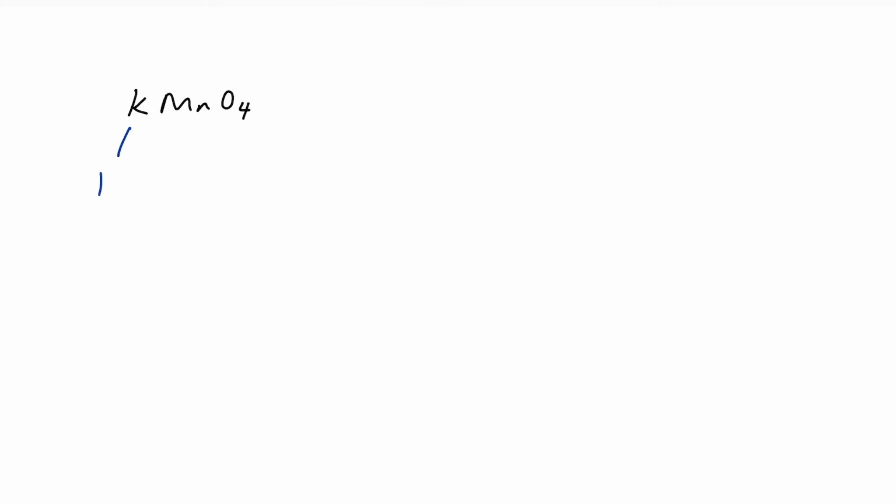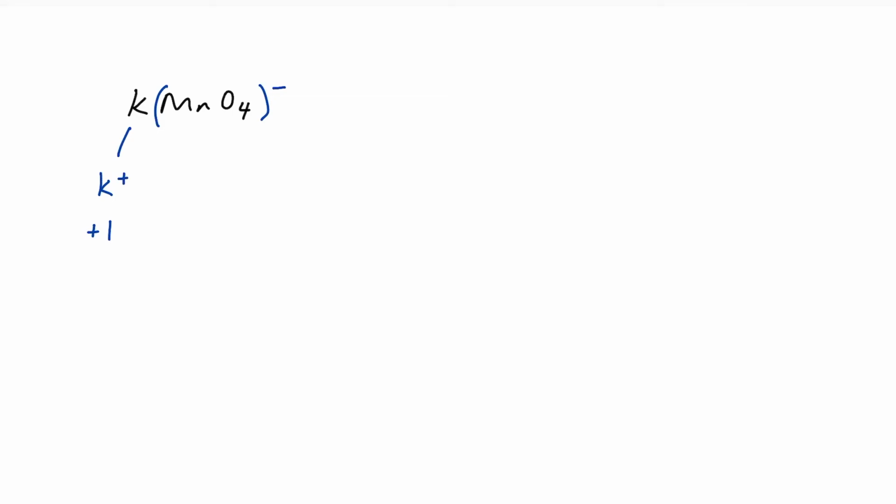I know that it exists as K+, so its oxidation state is going to be +1. That in itself tells me that the manganate ion must have a charge of -1. Some of these will become really familiar because we're going to come across them a huge amount at A level. But at the moment, we can use these basic rules to pull it apart.